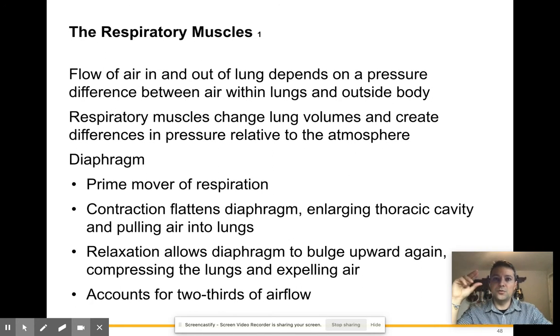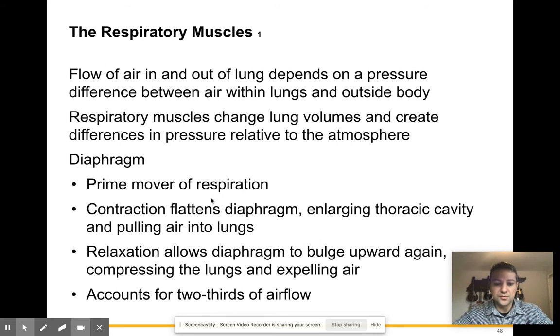When you exhale, your diaphragm goes up and pushes the air out of your lungs. So it's like pushing the bulb down on that turkey baster. When you release the pressure off the diaphragm and it goes downwards, it's going to suck air into your lungs.